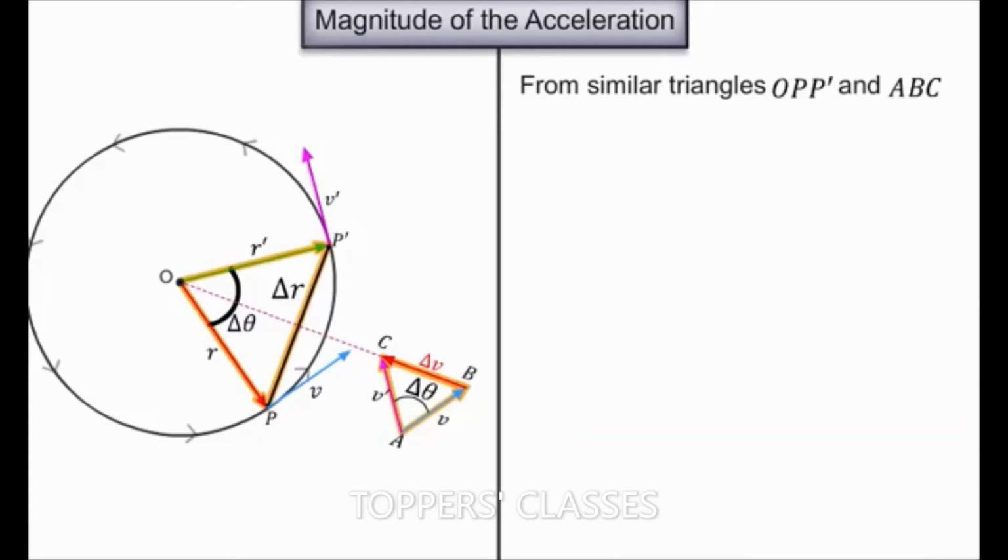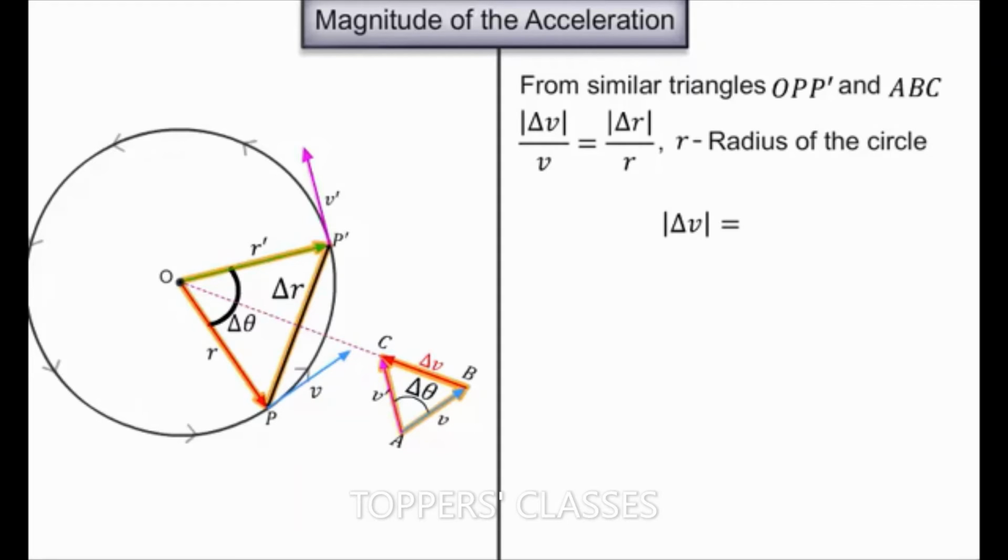From these similar triangles, we can write magnitude of delta v by v is equal to magnitude of delta r by r, where r is the radius of the circle.